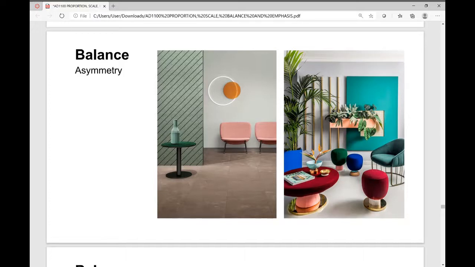So this one, you have your visual weight here. You have this wall, but you have this pop of color and the visual weight there together with this accent. Although it plays around within a very plain background, it has the visual composition that is balanced.